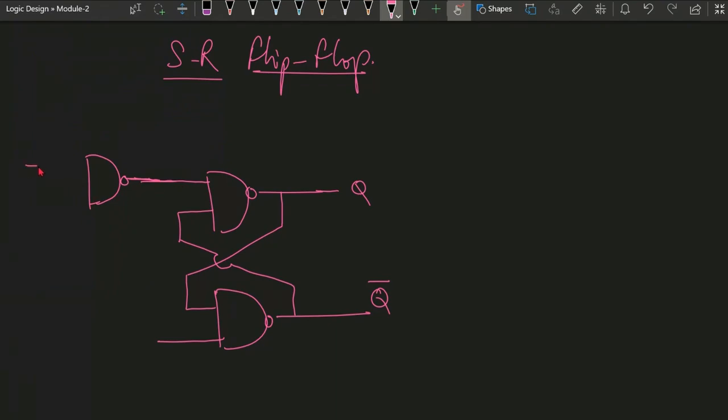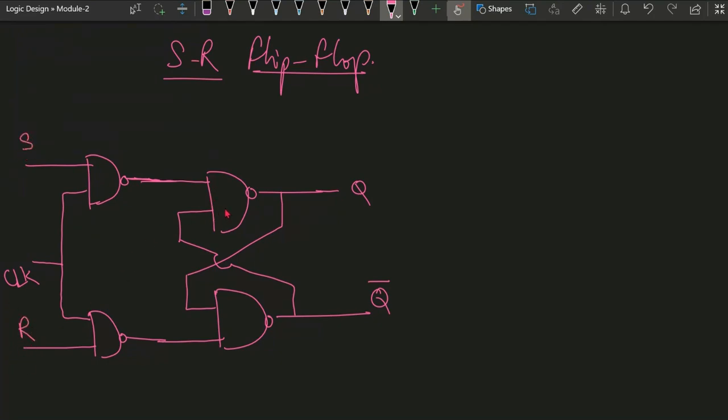So two NAND gates will be used further to add the clock, and these two inputs will have the clock combined together, and this is the S and this is R.